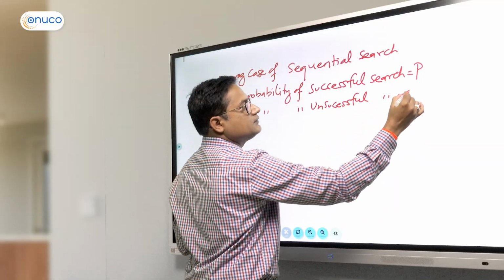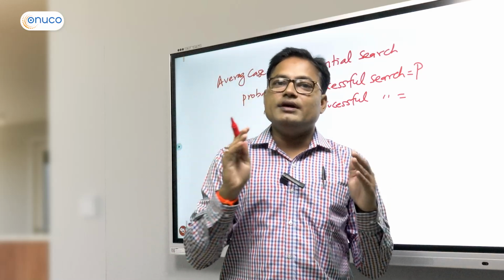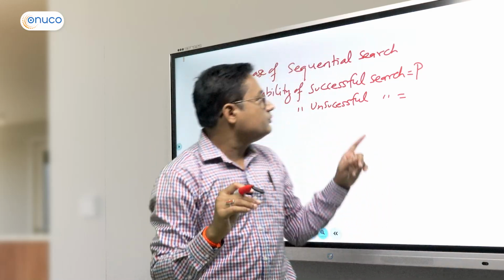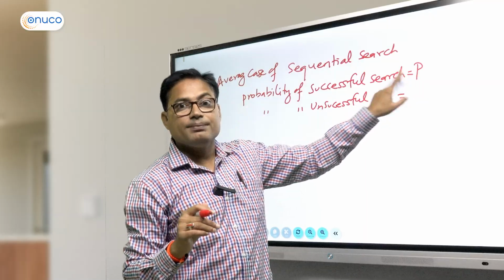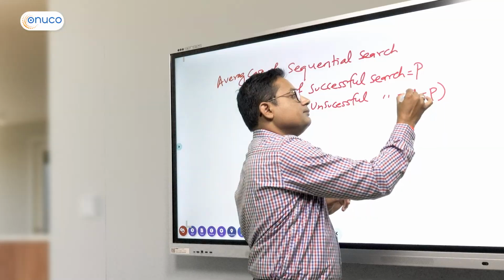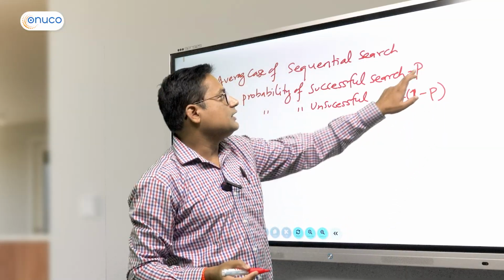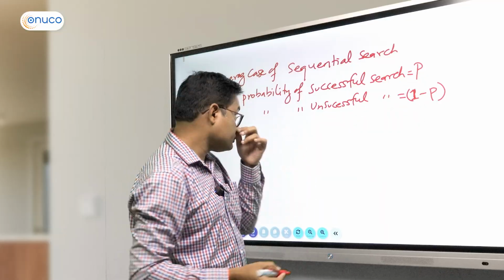Remember that the maximum probability is 1; the range of probability is 0 to 1. If successful search is P, then unsuccessful search must be 1 minus P, because the sum is going to be 1. So that is the successful search and unsuccessful search.